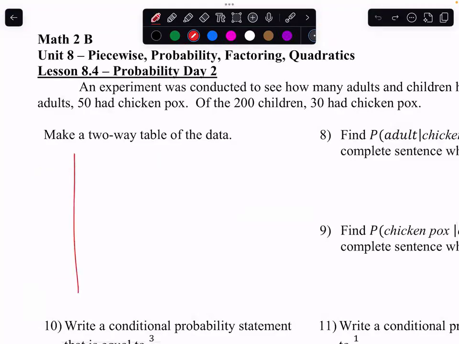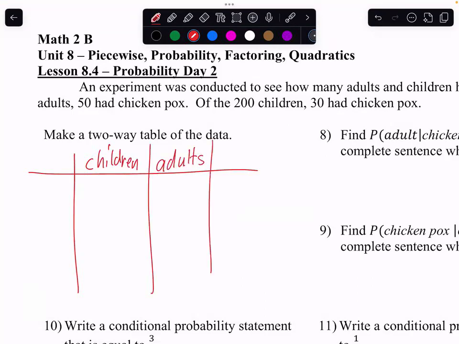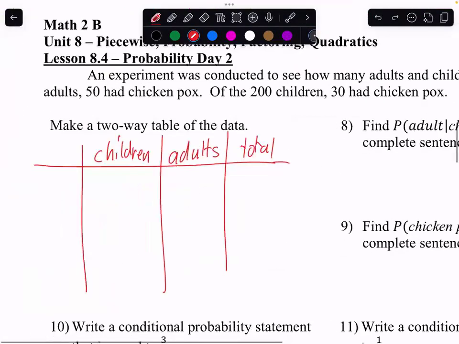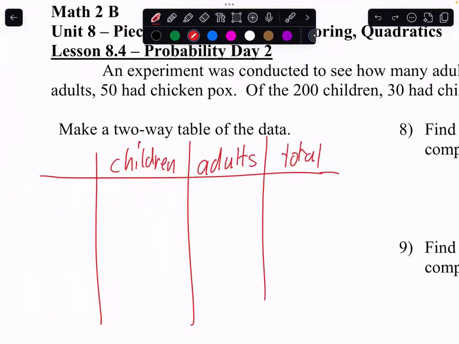The way I'll do it is I'll go children and adults. And then the other criteria is whether they've had the chickenpox or not. I saw some of you said yes and no, some of you said chickenpox and no chickenpox. There are different ways you could have phrased this.